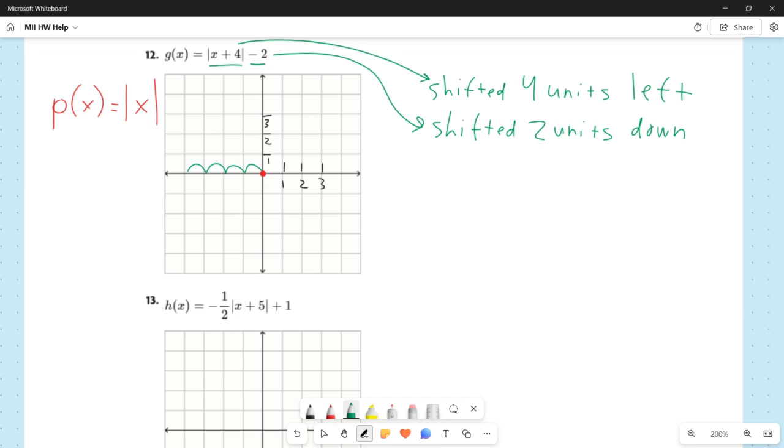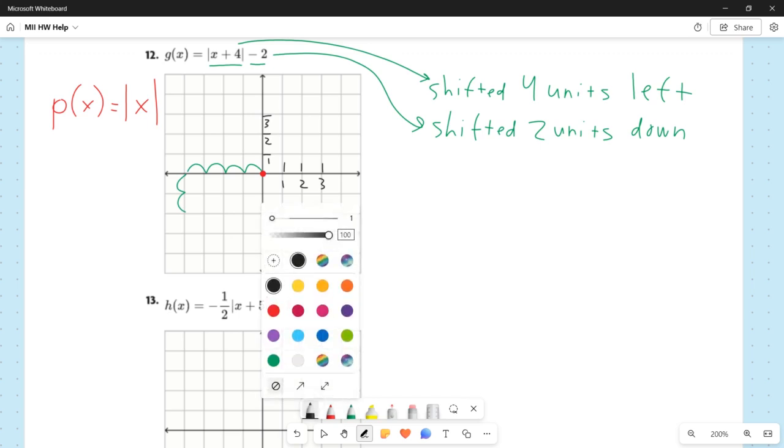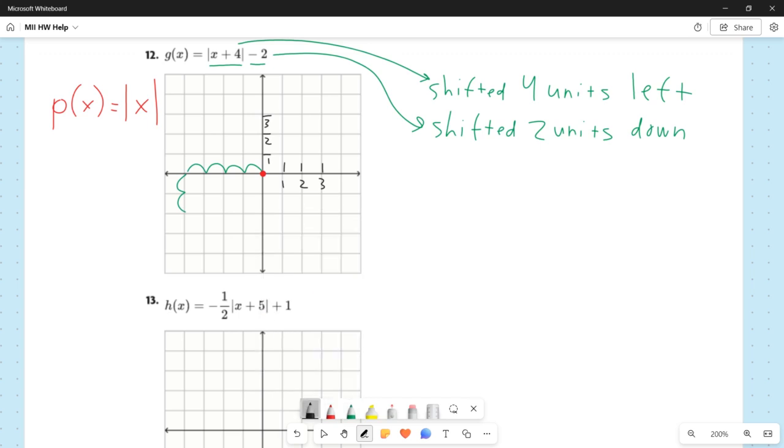So from here, we're going to go down 1, down 2. And now my new vertex for g of x is right there. Now I'm just going to clean this up because we no longer need it. So that's my new vertex.